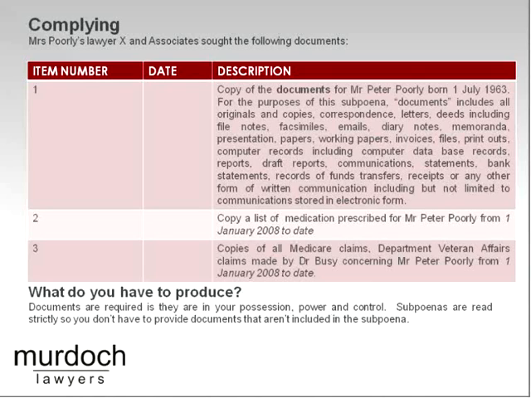Now, with respect to item number 2, you'll see that it's asking you for a list of something, and it's fairly unlikely that you'd have a list of that medication readily available. That's something that you could do if you had the time, but you're only required to produce a document that actually exists.